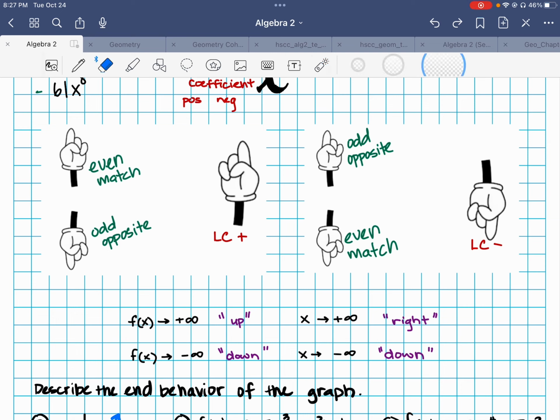I made a mistake in my notes. We got to erase that. Because the left-hand side will always be associated with x going to negative infinity. So let me just fix that right there. The left-hand side, x goes to negative infinity. Now, if you're trying to say something is going up, then you're going to say f of x goes to positive infinity. And if you're trying to say down, you're going to say f of x goes to negative infinity.